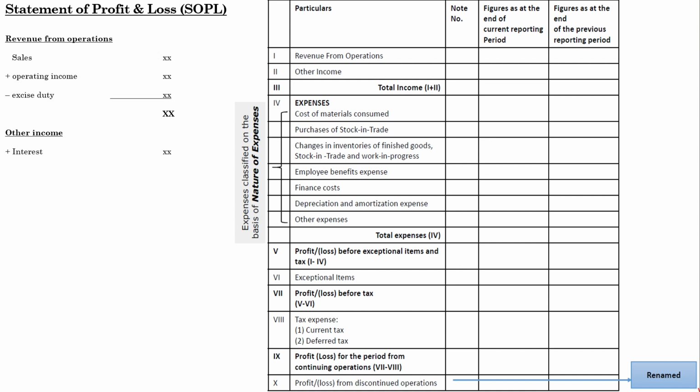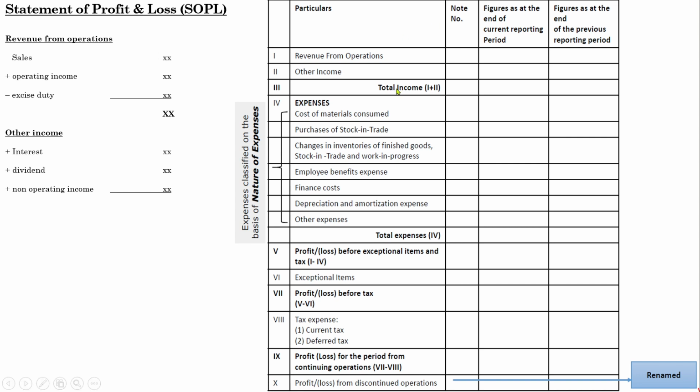So income from interest is actually the income of a financing company, that is revenue from operations. That was the explanation I was trying to give. Now we are discussing the general concept. Other income includes interest income, any income obtained by way of dividend, and other non-operating incomes. These are the items that come under other income.